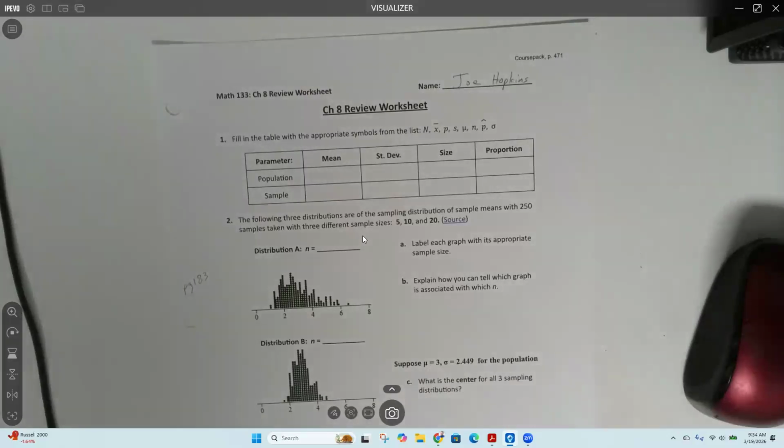And you don't necessarily need to know the ins and outs of what that means. Really what chapter 8 allows us to do is use the normal distribution when we are looking at chapters 9, 10 and 11. Chapters 9, 10, and 11 are about confidence intervals and hypothesis testing. Because of the central limit theorem, we will be able to be looking at the normal distribution for all of that.